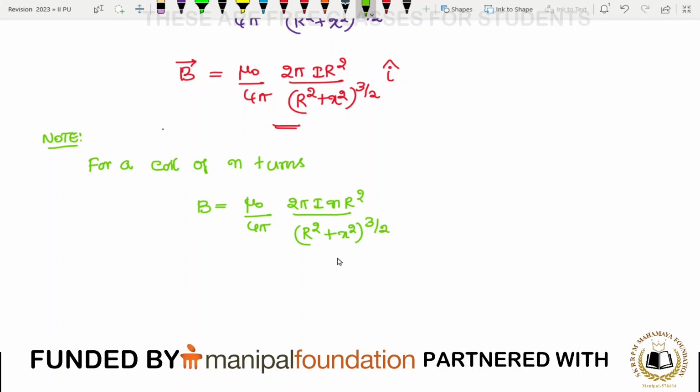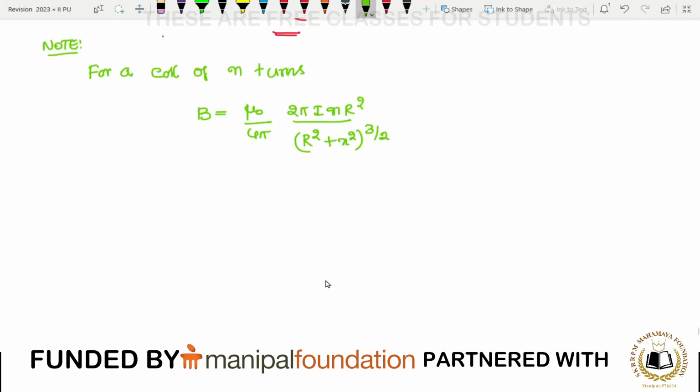That is the formula. So the magnetic field becomes n times the original value. Mu naught by 4 pi, 2 pi I n R square divided by R square plus x square to the power 3 by 2 is the answer. Okay, so I hope this is clear here.